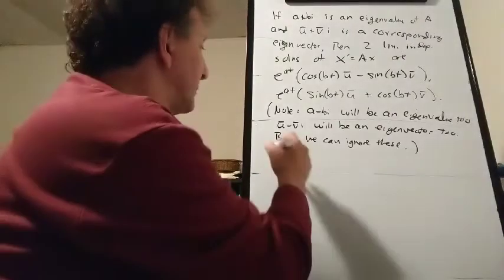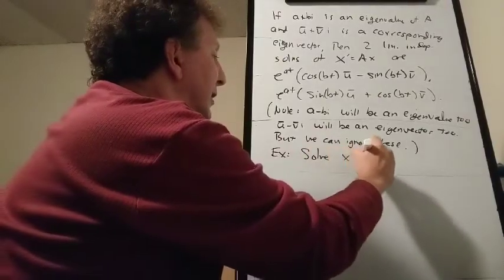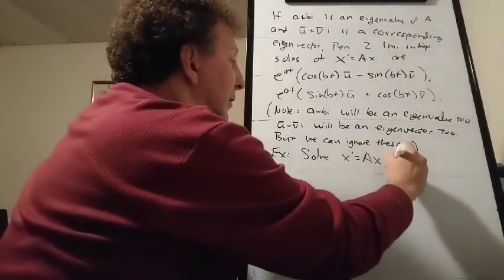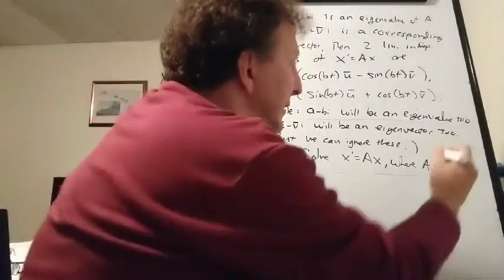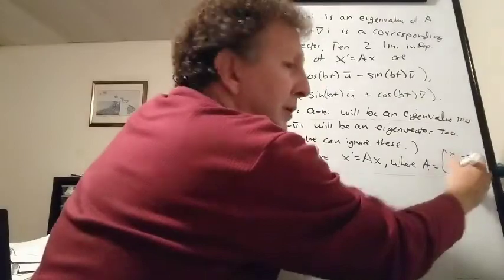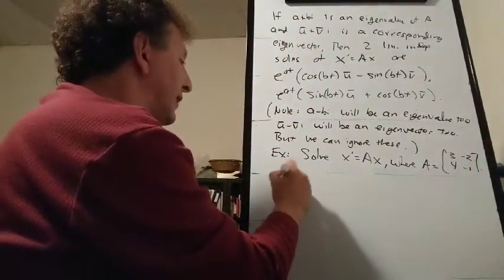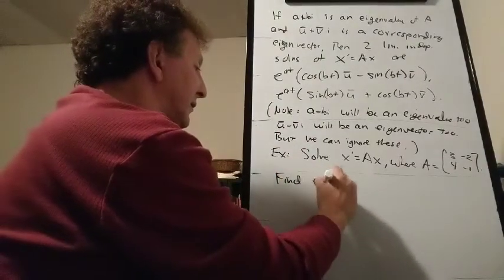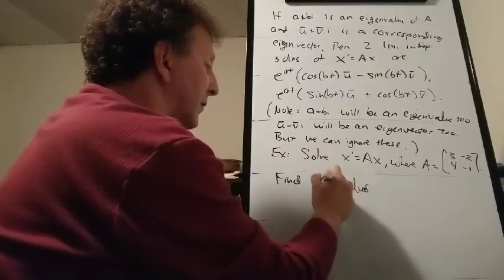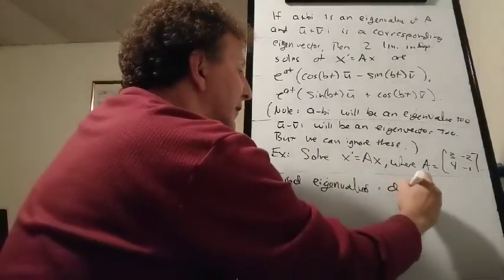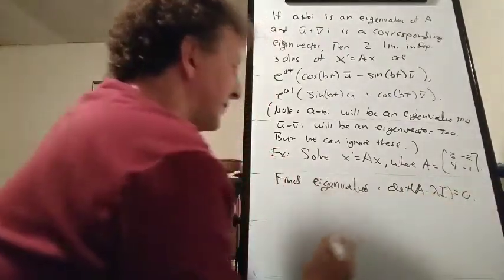Alright, so let's do an example. Let's solve x prime equals Ax, where A is the matrix 3, -2, 4, -1. So we'll find the eigenvalues first. Determinant of A minus lambda I equals 0.